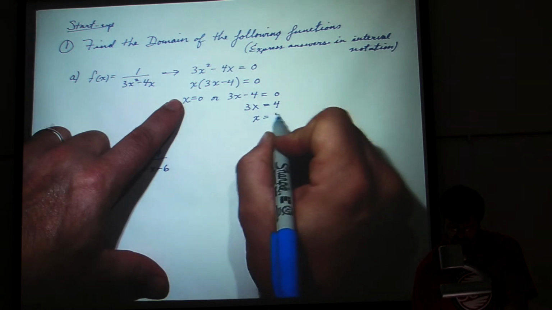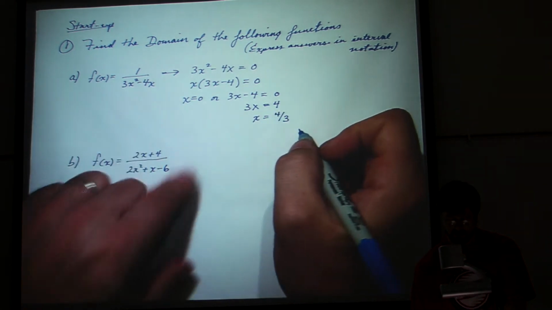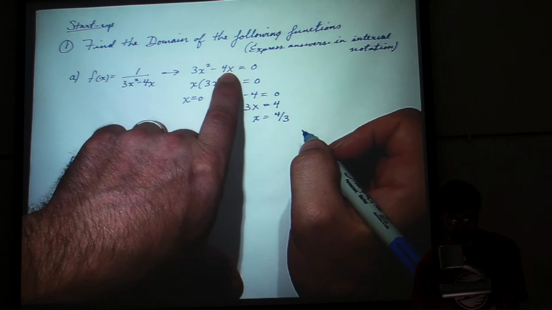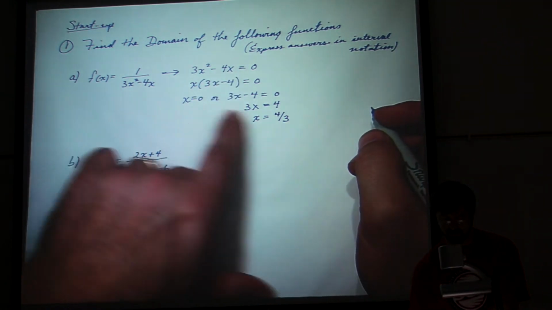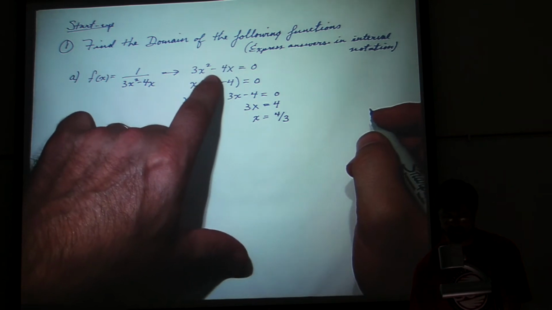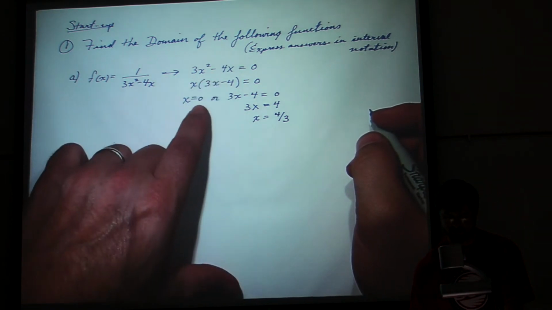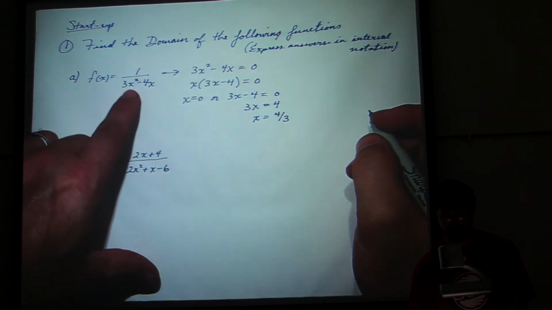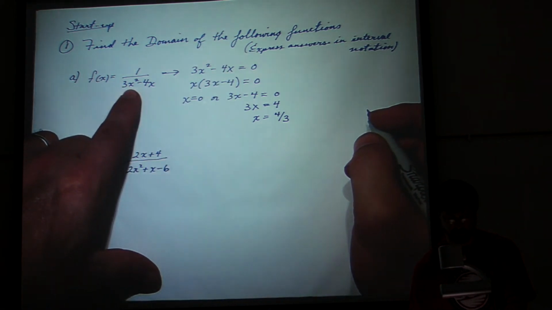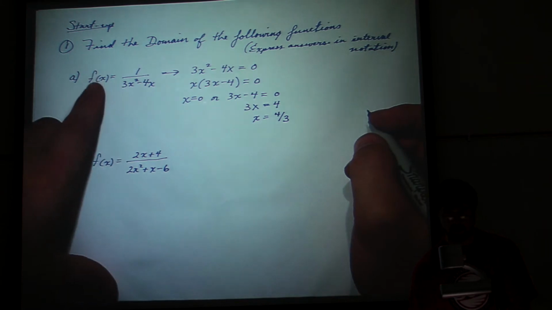And if we divide both sides by 3, we get 4/3. So the solutions to this equation are 0 and 4/3. Well, those solutions are what make this equal 0. And if those values make this equal 0, then they make this denominator equal 0. And therefore, they are not allowed to be part of this function's domain.